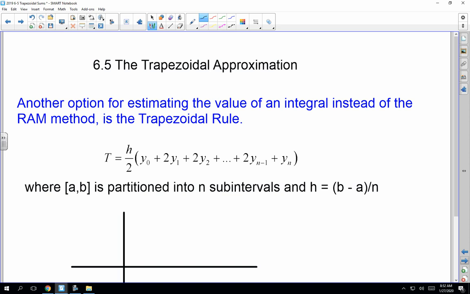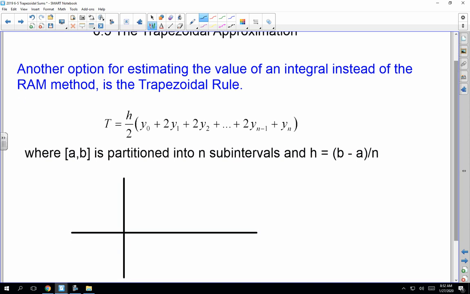So that's the trapezoidal rule, where [a, b] is partitioned into n subintervals, and h equals (b minus a) over n. A lot of times they partition it in such a way that h ends up being a 1 or a 2 or something like that. So it's just b minus a over n: the right endpoint of the interval minus the left endpoint, divided by however many intervals you have. That's your height. So the height becomes the delta x on the bottom. So that's the trapezoidal rule.